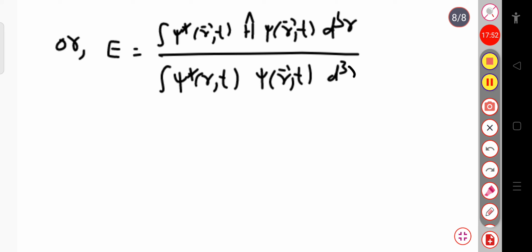Simply we can say that this is the expectation value of the Hamiltonian operator.